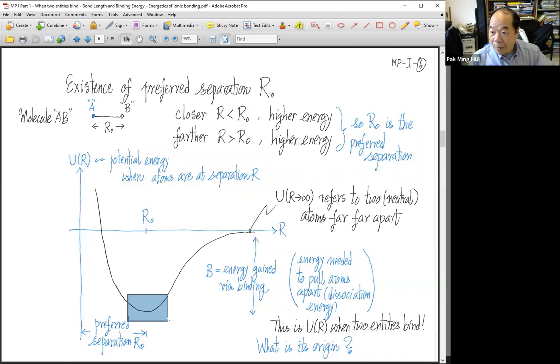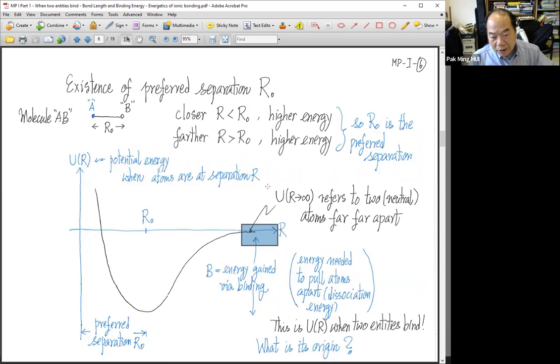Follow me? All right. Now, very commonly, the whole curve will look like this. As the separation increases, the energy goes up, and then it flattens out.